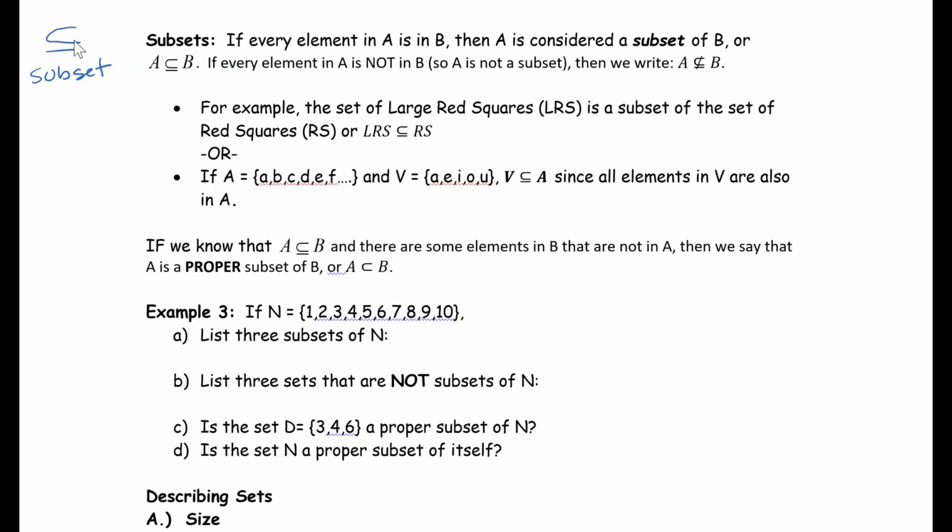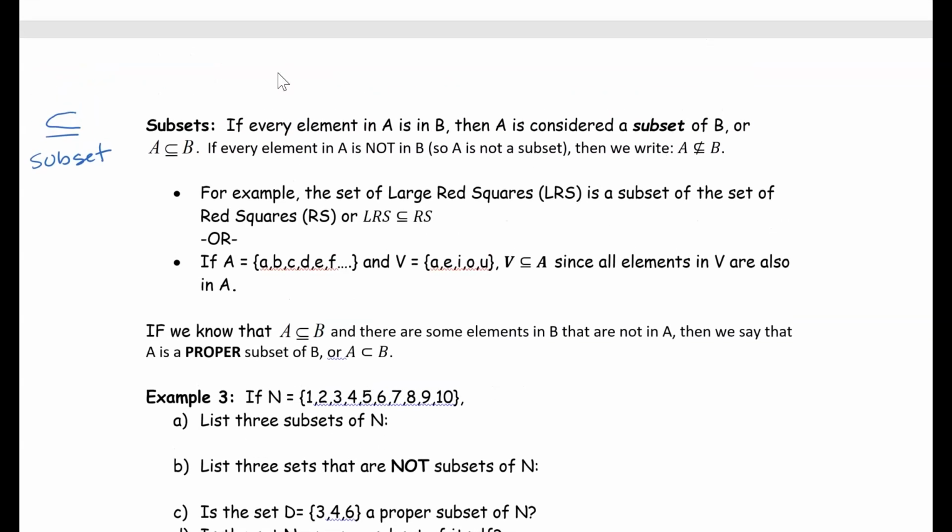We say A is a subset of B if every element in A is also in B. The picture that would go with that, let me just scroll up here, you could draw a picture of circle B and then circle A. Everything that's inside of A is a part of B. For example, you could say the set of dogs, so think of all the dogs out there, you could list all of those dogs, is a part of the group of mammals.